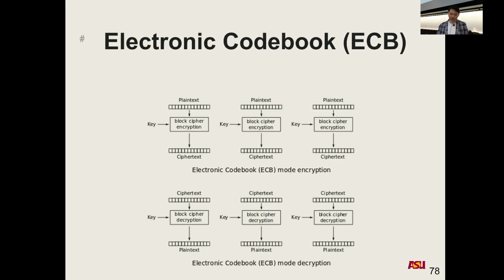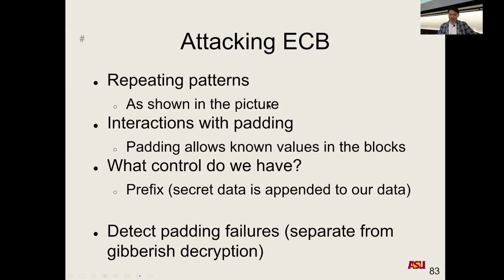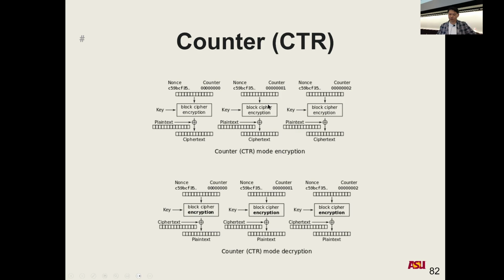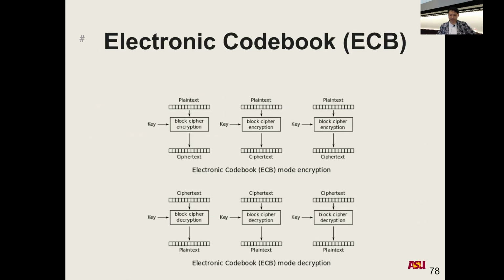In AES, there are three modes of encryption. First one, ECB, electronic codebook mode, and second one, CBC, cipher block chaining. Last one, the counter mode. So what is the difference between them? The first one, ECB, is very simple, just the input encrypted with a key to make the output.